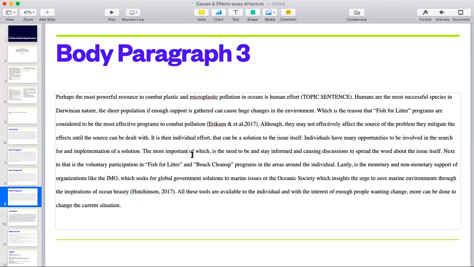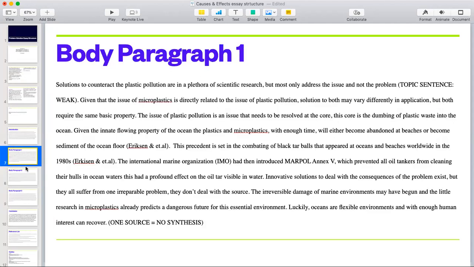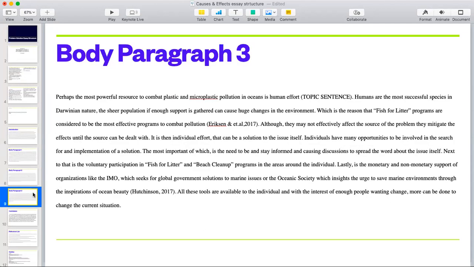So there should be some synthesis. It's not that there is no synthesis, it might be weak, but it's better. But there is a huge mistake with this paragraph, which is that it's much shorter than the previous paragraphs. If we look at body paragraph 1, body paragraph 2, body paragraph 3 is very, very short. And this should be the one where you tell me the good solution.